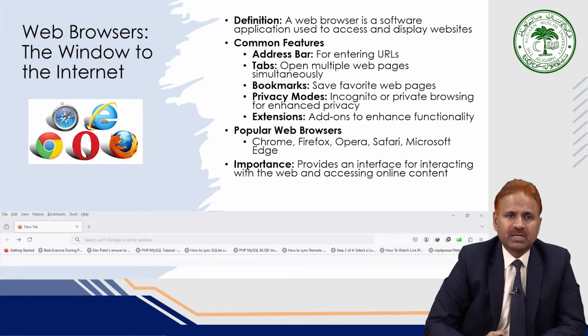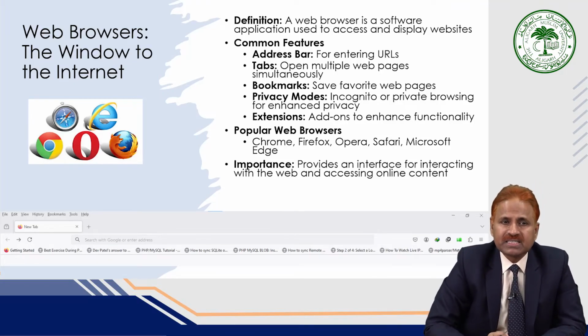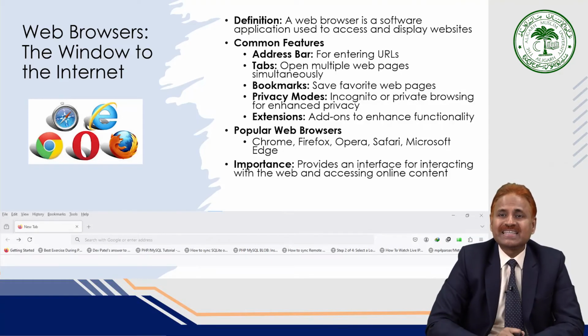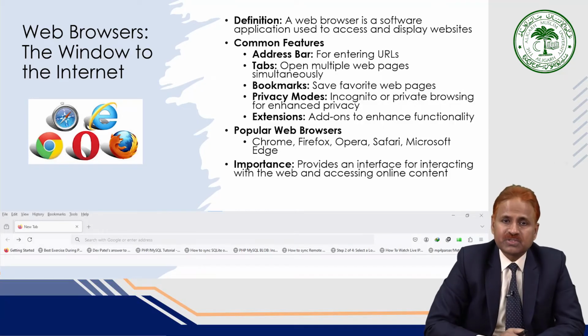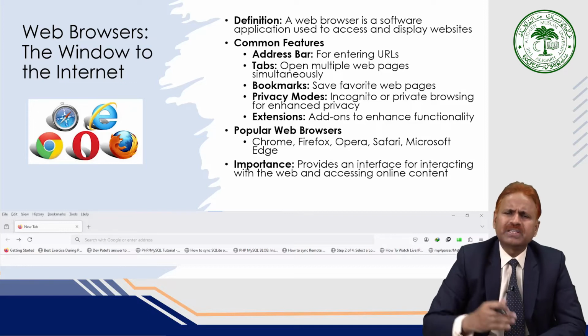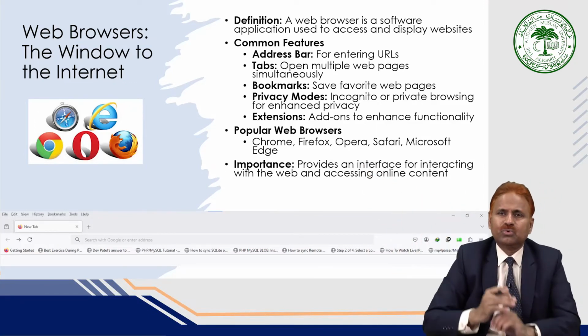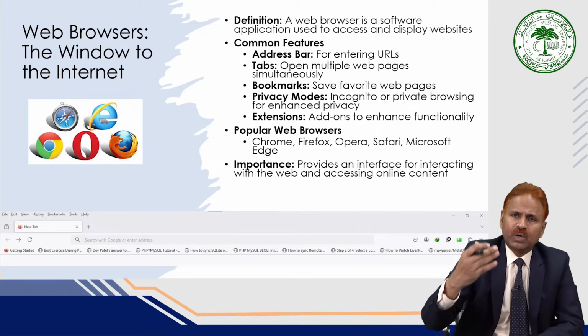Next is the web browser. Basically, web browsers are known as windows to the internet. A browser is a software application used to access and display websites. So say for example, sometimes we know the address of a website. For example, Google. So we write google.com. It brings you to the page of the Google server. You want to search any information.